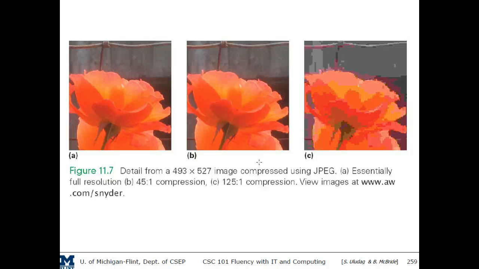So the amount of compression that we can get away with is somewhere on the order of 20-to-1 up to 45-to-1 in terms of the compression ratio.